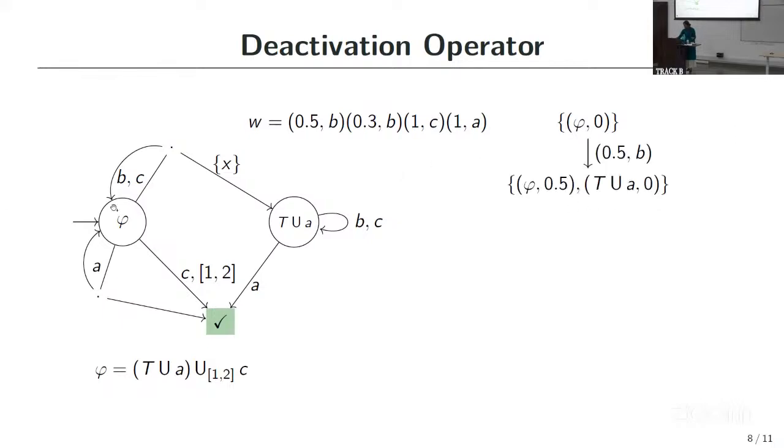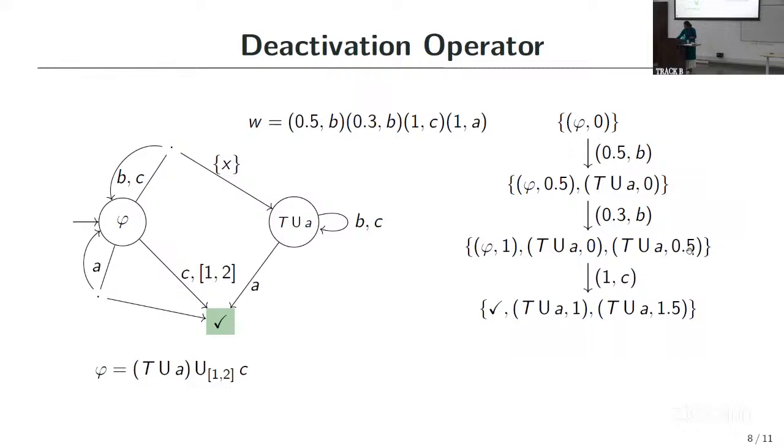It takes this loop, comes back to phi, and then it resets and goes to true until a, and same with b. Because of this reset, this loop is taken, so two states are generated here, and then one state from the existing thing is the time elapse, and so on and so forth.